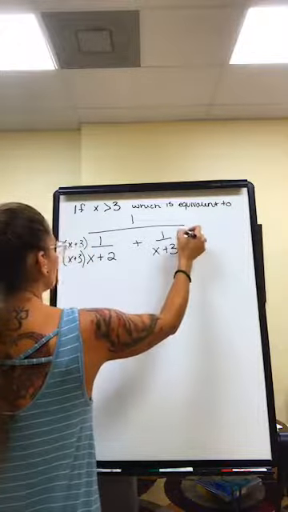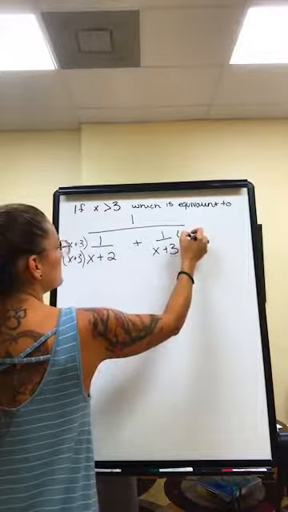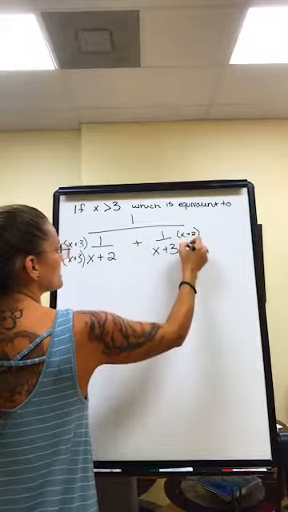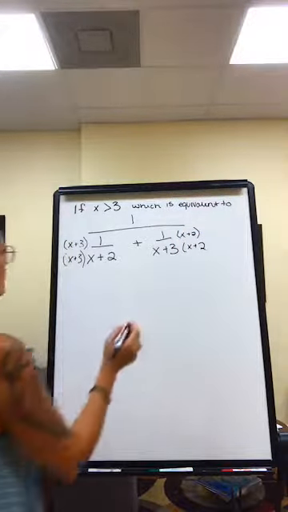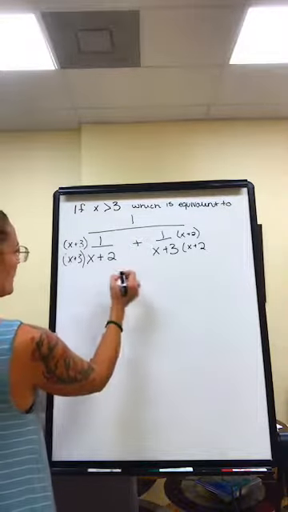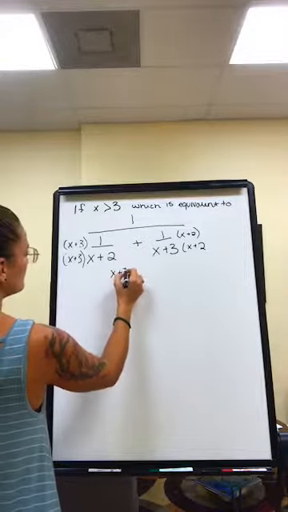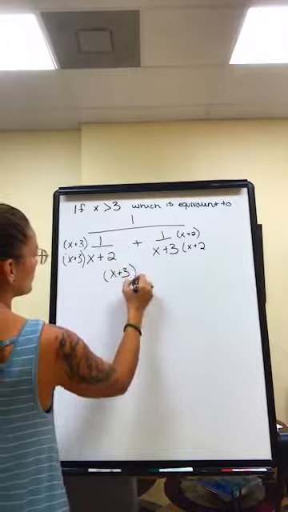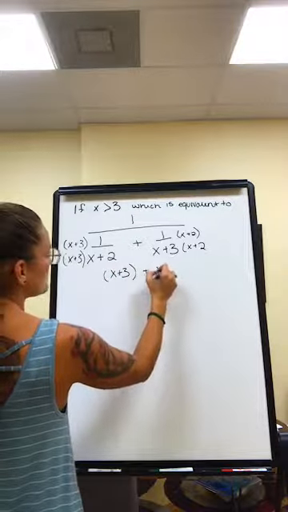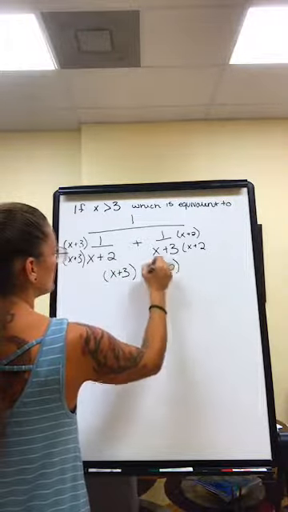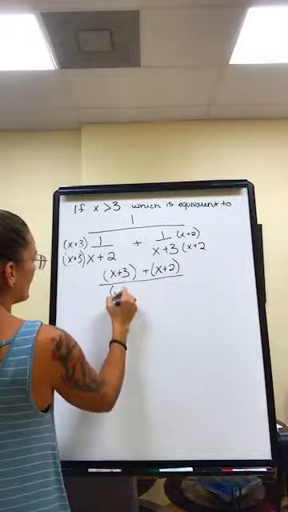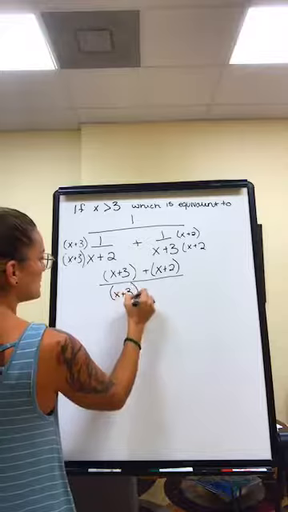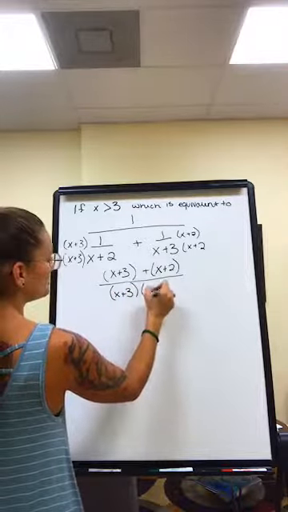And this side times x plus 2 over x plus 2. Okay? So now we're going to have x plus 3 plus x plus 2 over x plus 3 times x plus 2.